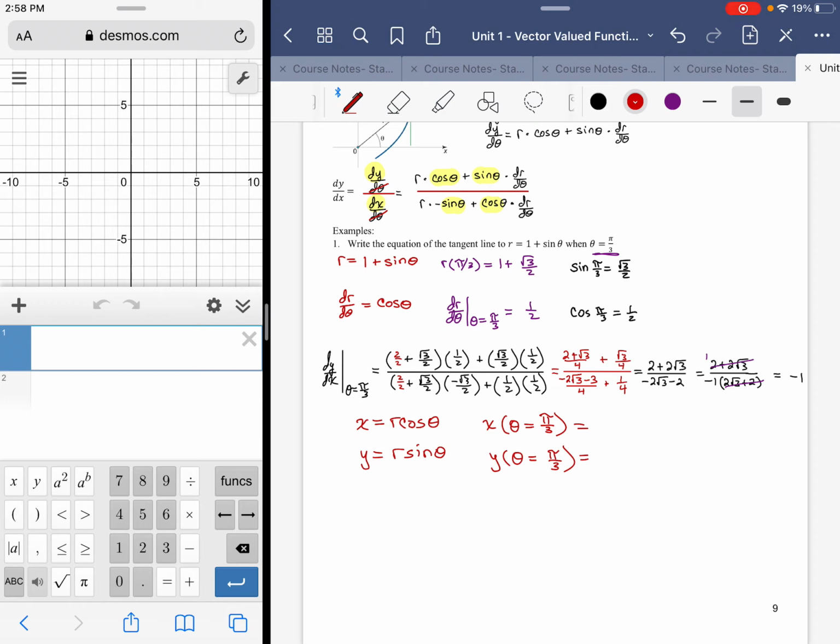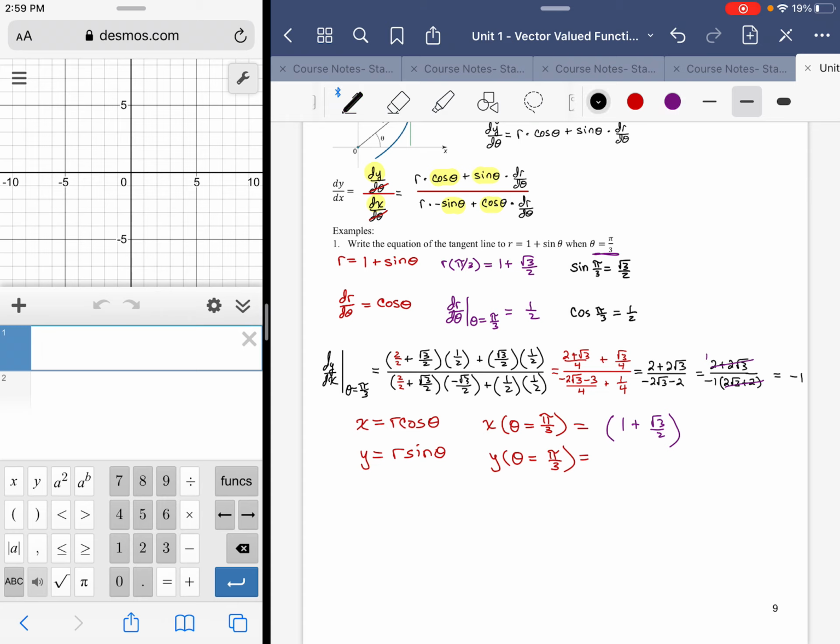All right. And so when I do that, I would need r when theta is equal to pi over 3. All right, well, we know that. That's 1 plus the square root of 3 over 2. And we would need cosine of theta.